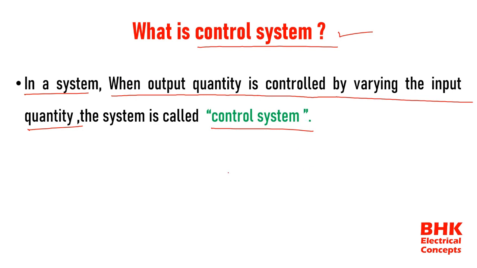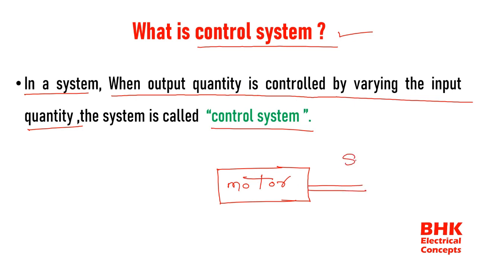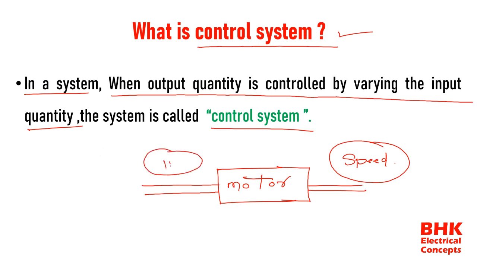It means, for example, this is one motor, and at the output side we are going to measure the speed of the motor, and this is the input side where we apply some energy. In order to control the speed of the machine, we need to make some changes on the input side.